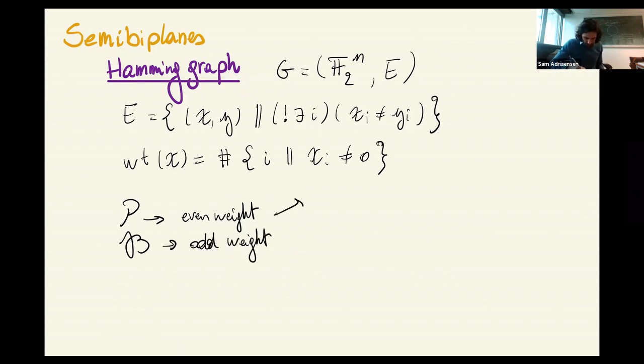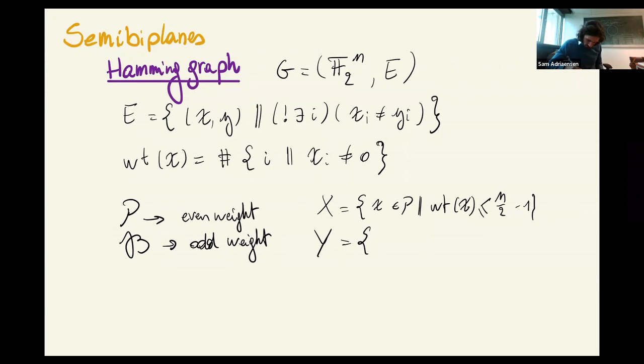Now, let's say X is the subset of points where the weight of the point is at most n/2 minus 1, and I take as Y the blocks whose weight is at least n/2 plus 1.